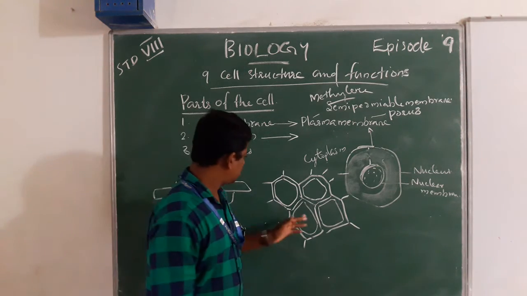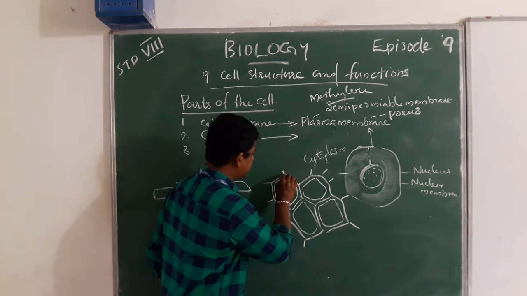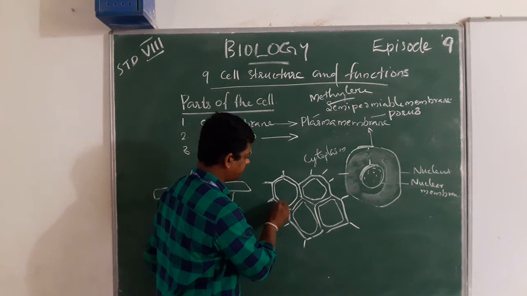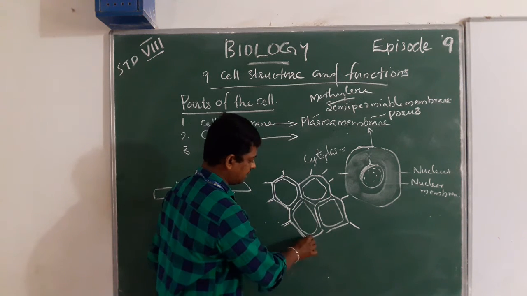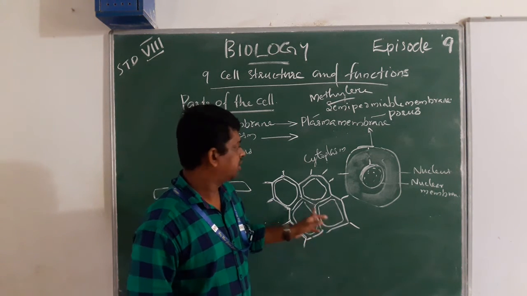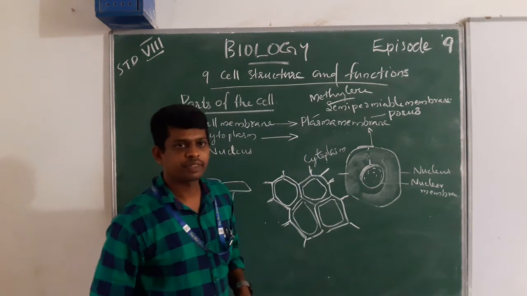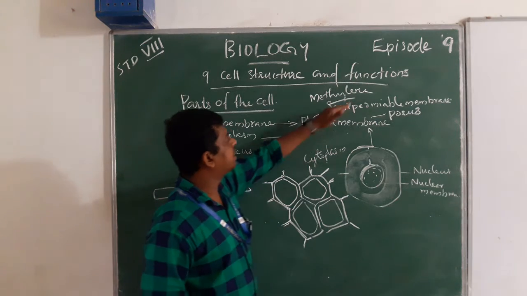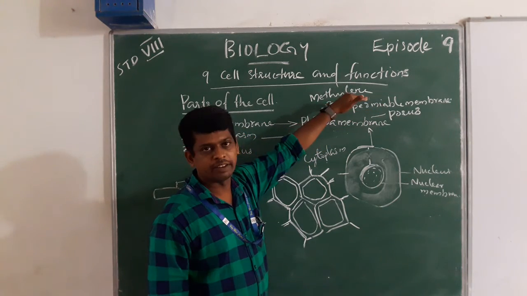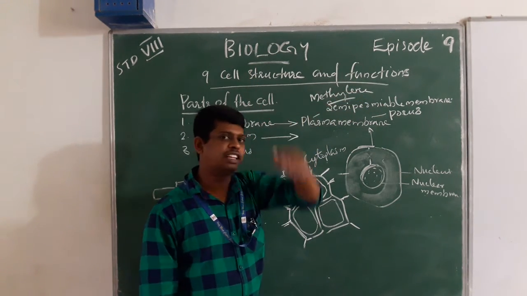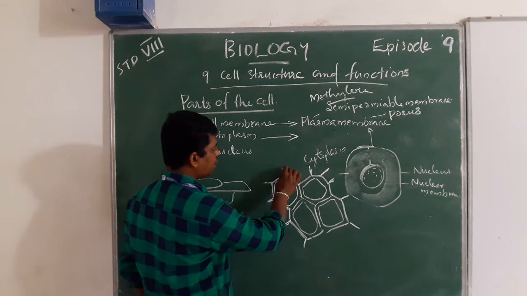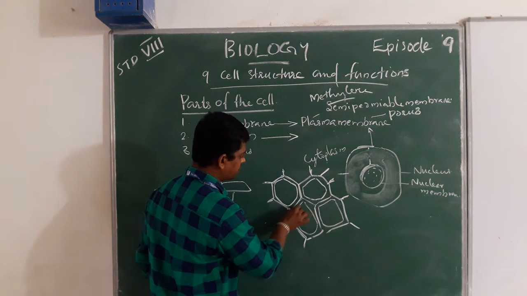Look at the outer cover. It is blue in color because of the presence of the stain, methylene. Then you can see the stained colored part within the microscope.